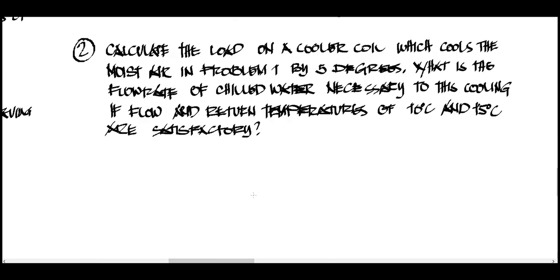So next problem: calculate the load on a cooler coil which cools the moist air in problem 1. The last problem was heating the air, now this time it is cooling, by 5 degrees. What is the flow rate of the chill water necessary for this cooling if the flow and return temperatures of 10 degrees Celsius and 15 degrees are satisfactory?